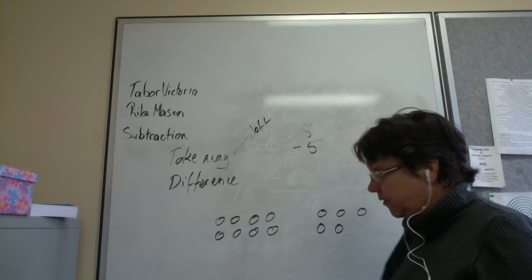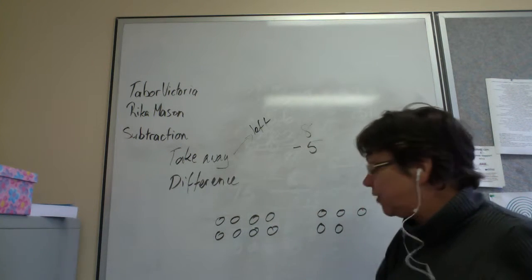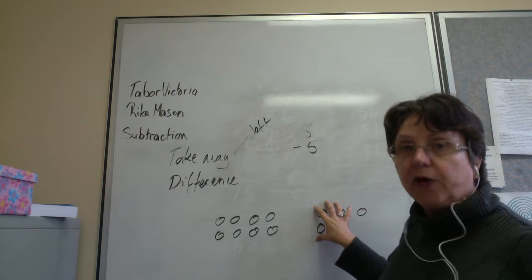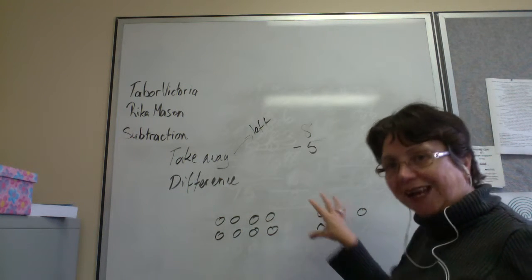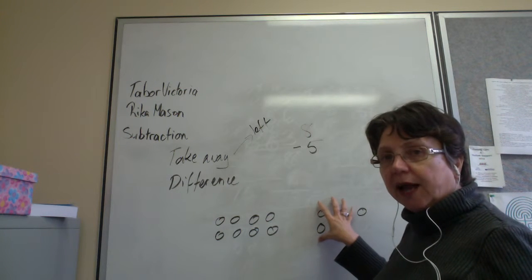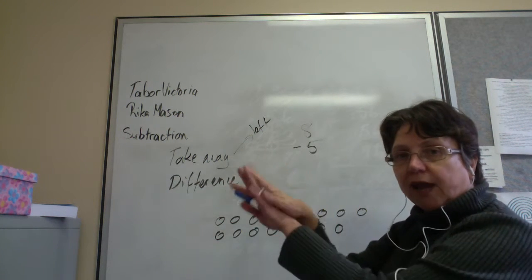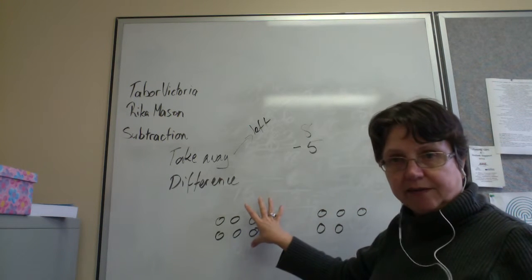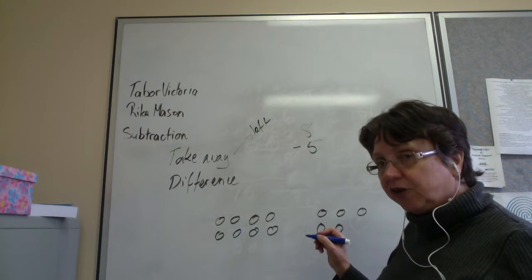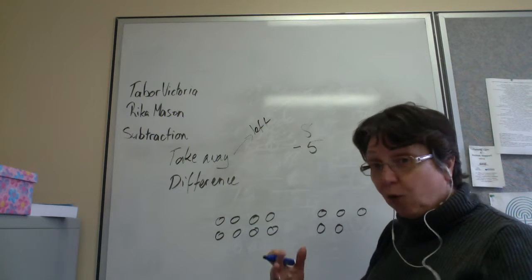You're actually comparing two ideas. So I'm going to superimpose, in my magical way, in my interactive whiteboard here, I'm going to overlap the 5 onto the 8 to find the difference. Watch and be in awe.